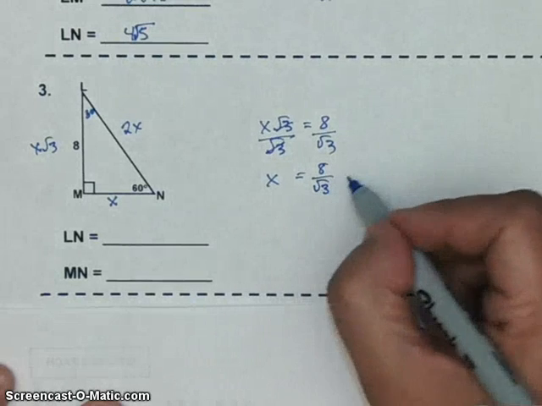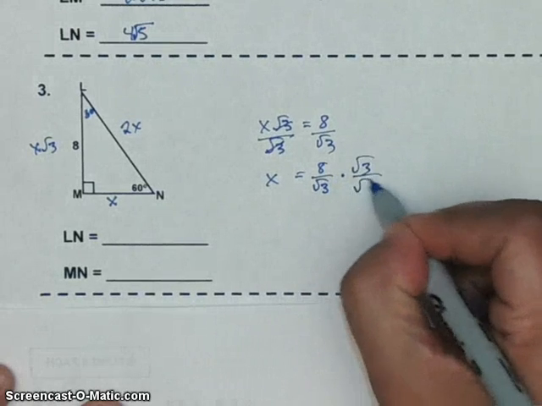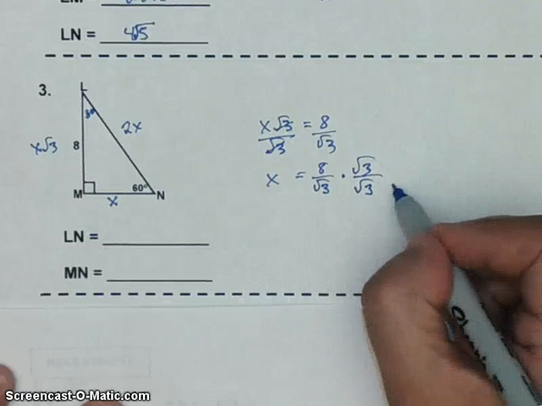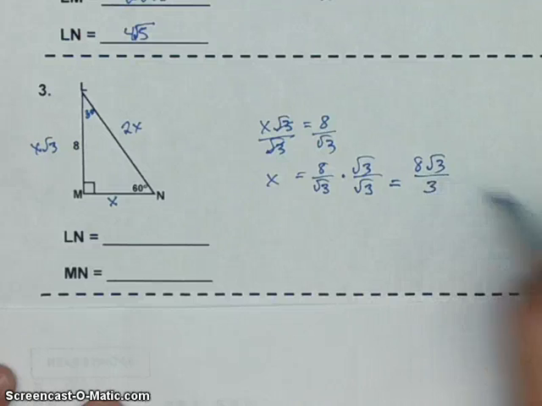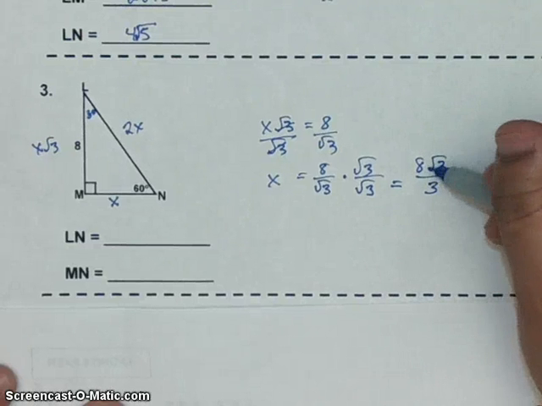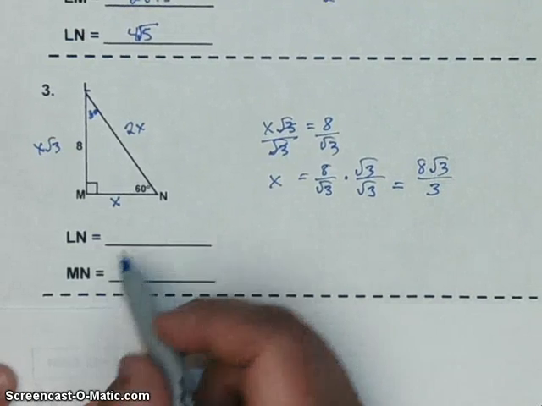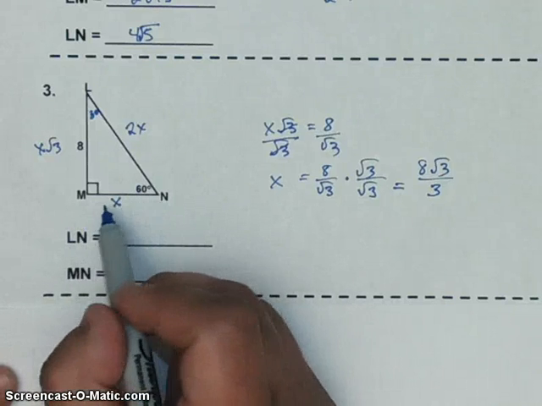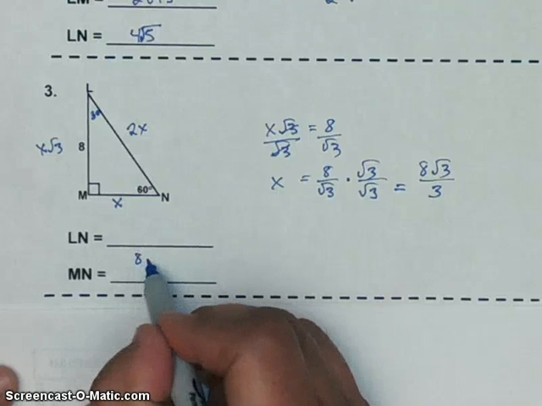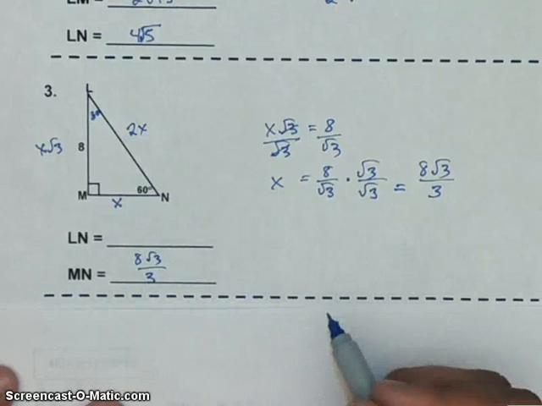We can't have the radical in the denominator, so we have to multiply top and bottom by the square root of 3. 8 and 3 do not factor, so that is the length of x, which is MN. So this is 8 square root of 3 over 3.